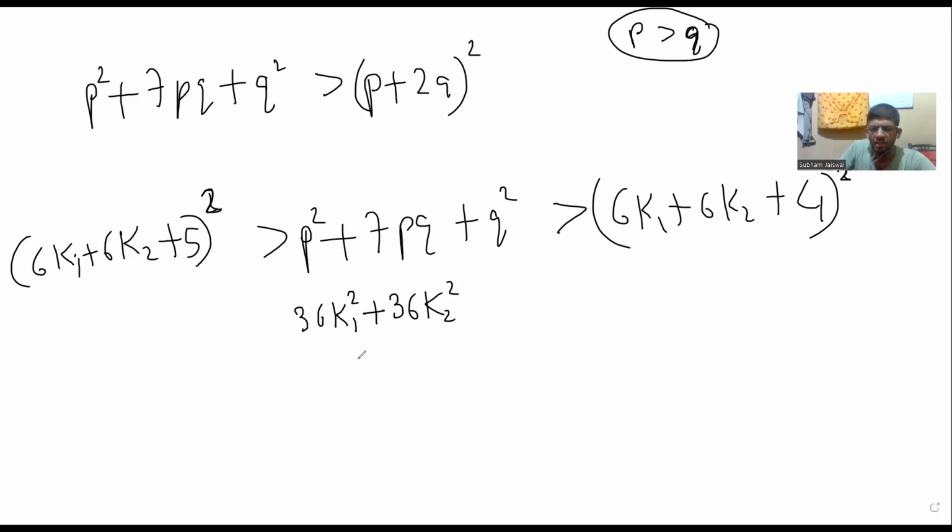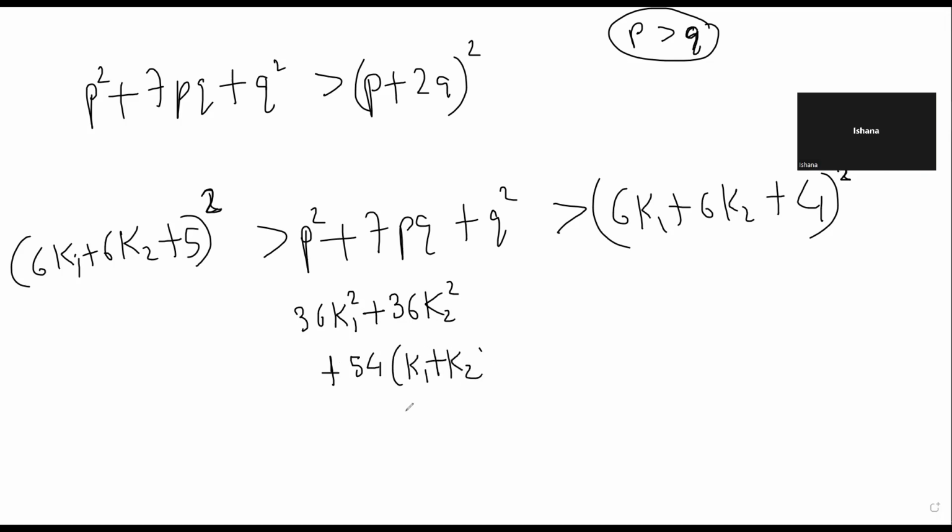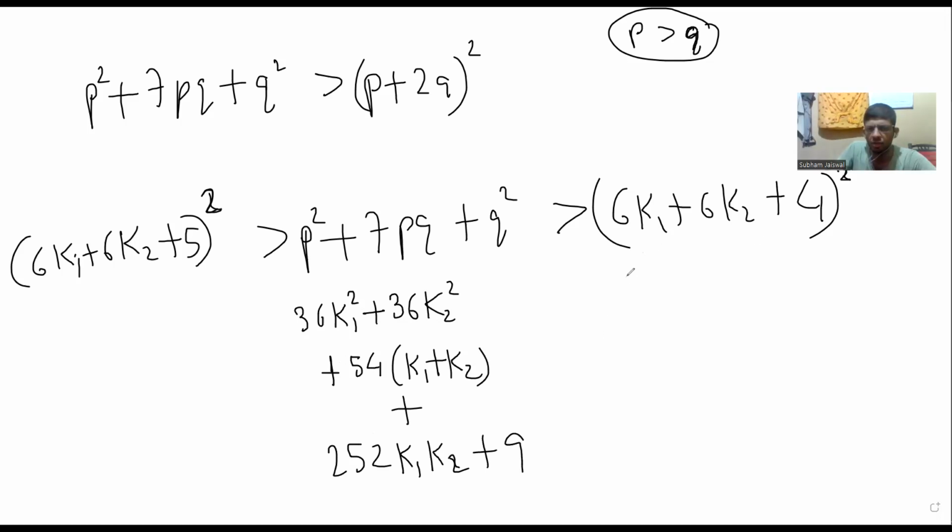Right. So in this case, you have told me the expansion, but can you tell again? 54, was it? K1 plus K2. Yes, 54 (k1 plus k2) plus 252 k1 into k2 plus 9. Now let me see this one. So you tell me this one. 36K. Yeah, easier to compare.